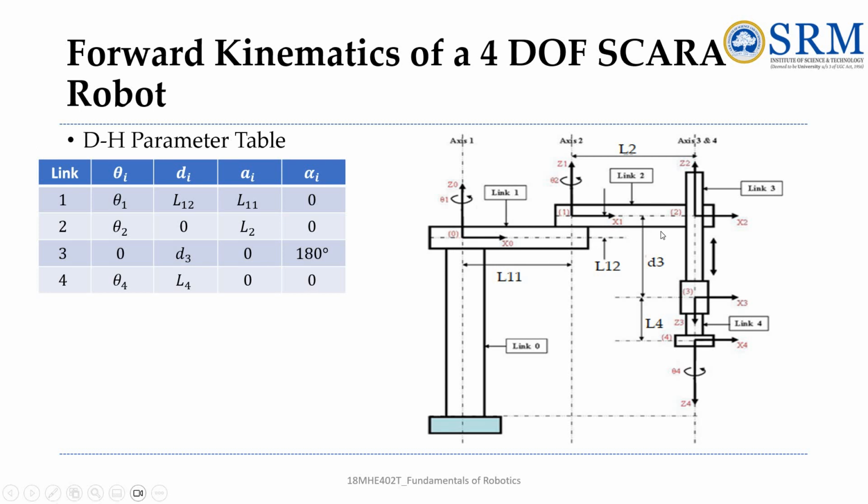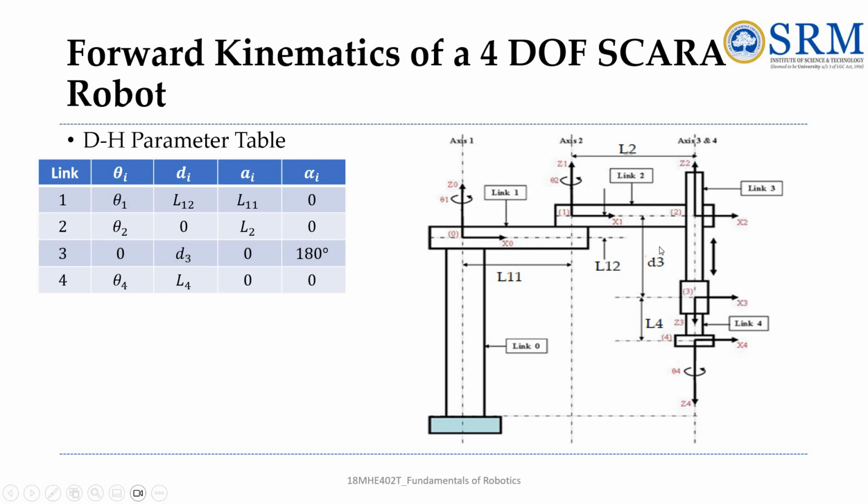Next, coming to link 2. Okay, so here again this is about the revolute rotational axis, so it is theta 2, and there is no offset, so 0, and here the link length is L2, and no degrees of rotation about the x-axis. Okay, so again it is 0. Next, coming to the prismatic.